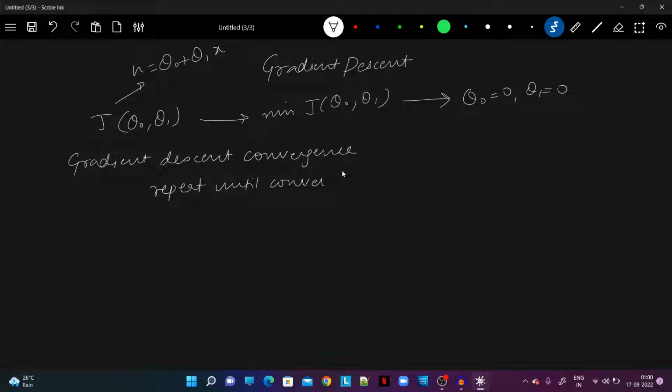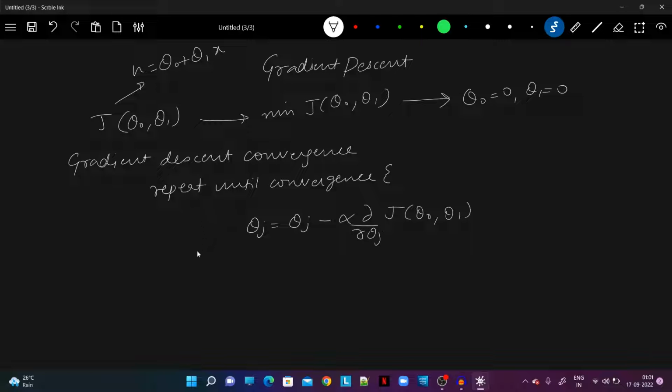So this will be a recursive step, a loop, which is basically theta j equals theta j minus alpha times del over del theta j of J of theta naught comma theta 1.